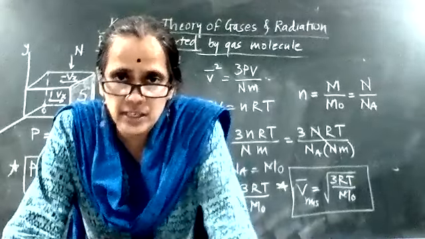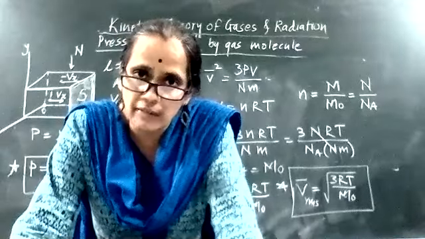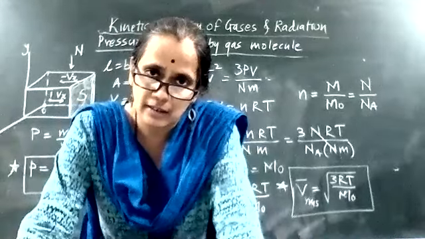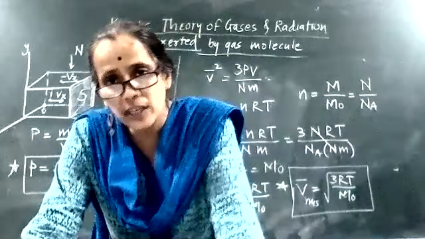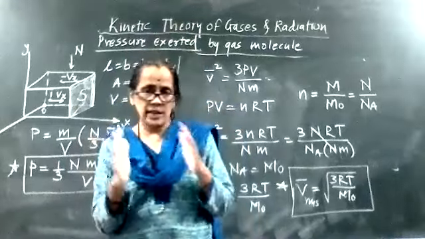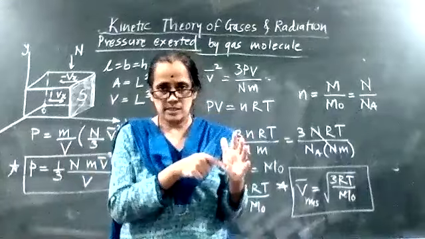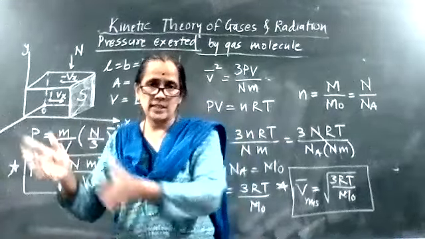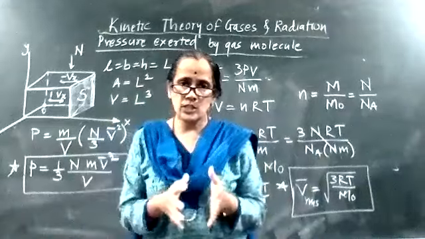But here I am considering the pressure exerted by the gas molecules which are traveling only along the x-axis. But some molecules may travel along y, some molecules may travel along z. Therefore, if I say that the total number of molecules is N, those N molecules will get distributed along three axes. Some will go to the x-axis, some to y, some to z. So I will do an equal distribution.